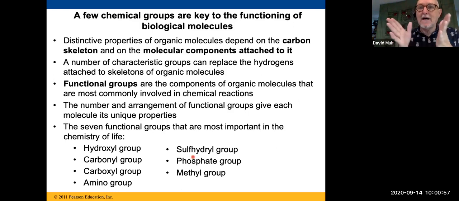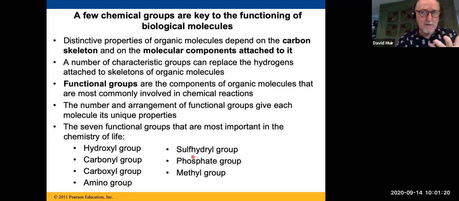Hydrogen and carbon together, hydrocarbon. But those hydrogens can actually be replaced. They can be replaced by other elements, but they can also be replaced by functional groups. They can be replaced by chemical groups which have a specific chemical character.